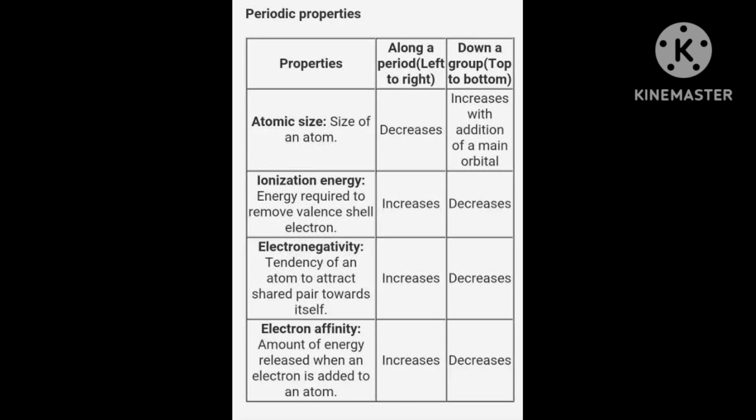And atomic mass, as I told in the beginning, up to atomic number 20 it will be roughly double, and after that it will vary. Boron is 5, then atomic mass is 10.81, roughly double. And aluminum is 13, then its atomic mass is 26.98.